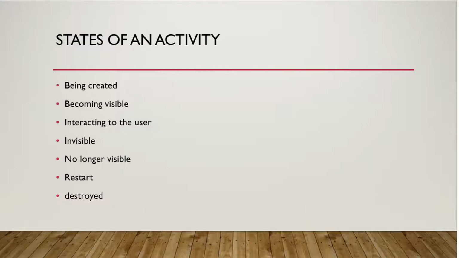At the very end, when the user closes the application, the activity is destroyed to save some memory, RAM or system memory. So these are all the states of an activity: being created, becoming visible, starting interaction with the user, becoming invisible, no longer visible, restarting, or destroyed.